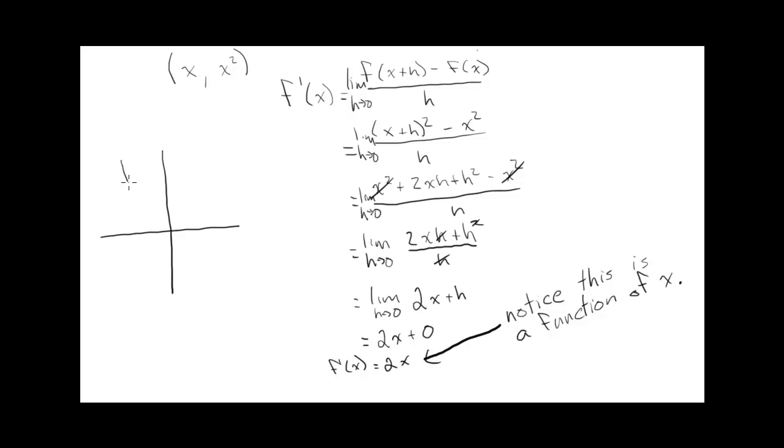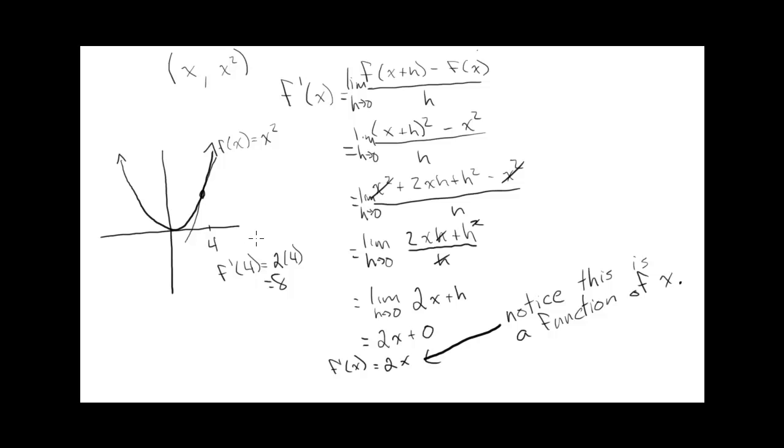Right? x squared looks like this. So let's say f at x equals x squared. So I can take any x value, right? x equals 4. And if I want the slope of the tangent at 4, I'll just sub 4 into this equation. So f prime at 4 would be 2 times 4, which is 8.